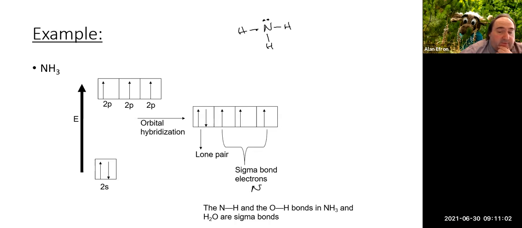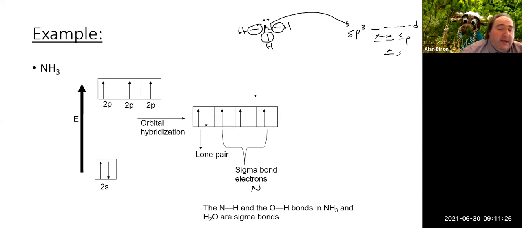As we did before, 1, 2, 3, 4 electron pairs, so the nitrogen is going to be sp3 hybridized, like we saw earlier. Each of these in the nitrogen is going to make a sigma bond, so this would have 1 sigma bond, 2 sigma bonds, and 3 sigma bonds happening there.